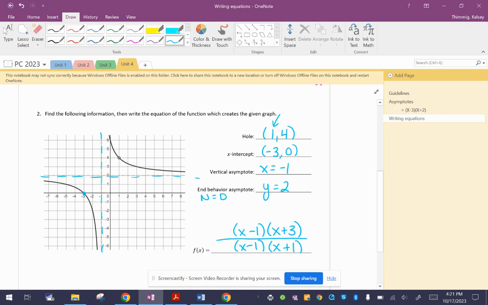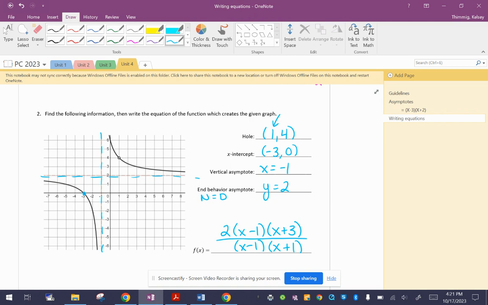It's not 0. It's not an oblique asymptote. So I know the degree of the numerator and the denominator are the same. That means the leading coefficients are going to have to be in the ratio of 2 to 1. So you can have a 2 in that numerator, you can put a 1 in the denominator, or just leave it as nothing there. And that would be our equation.